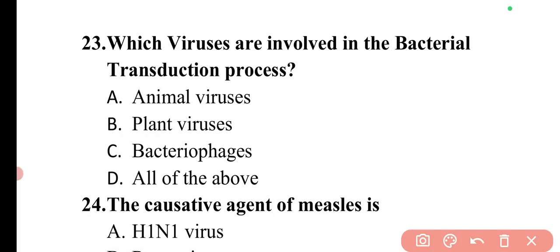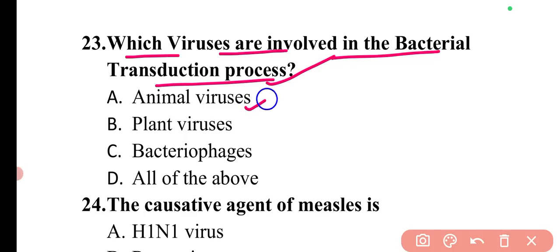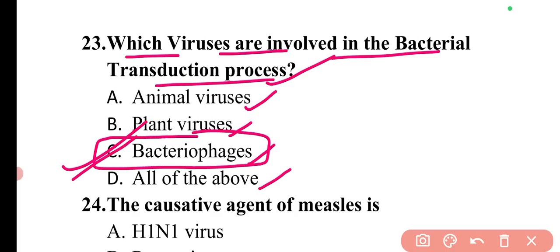Next question is, which viruses are involved in the bacterial transduction process? Options are animal viruses, plant viruses, bacteriophages, or all of the above. And the correct answer is option number C, bacteriophages.